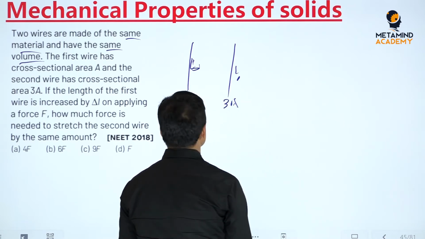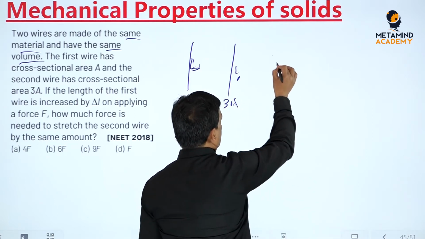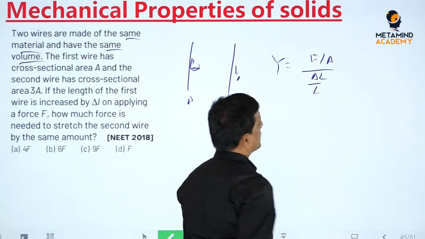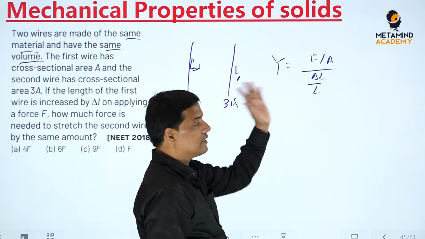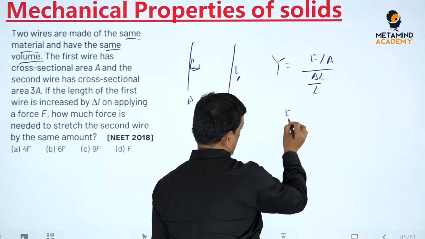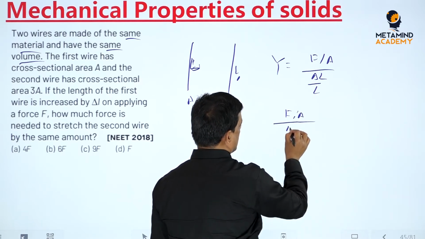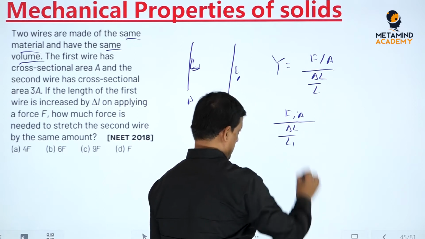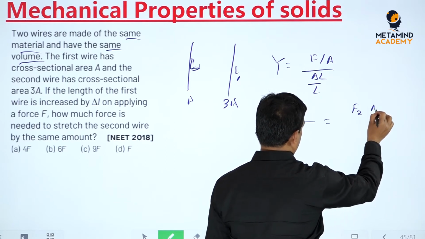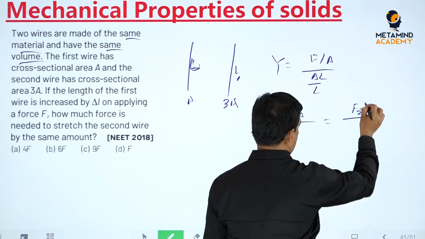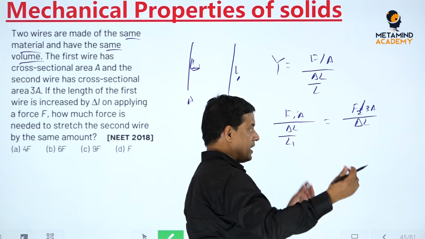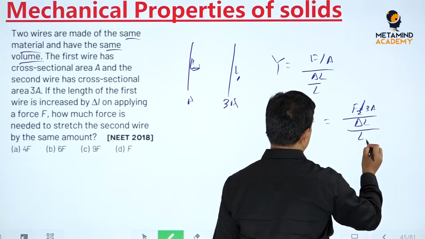When you apply a force F, Young's modulus of elasticity is F by A by delta L by L, and because they are the same material, both of them should be same. So, for us, F by A by delta L by L1 must be equal to F2 by 3A, with the same elongation so same delta L, and the length now L2.